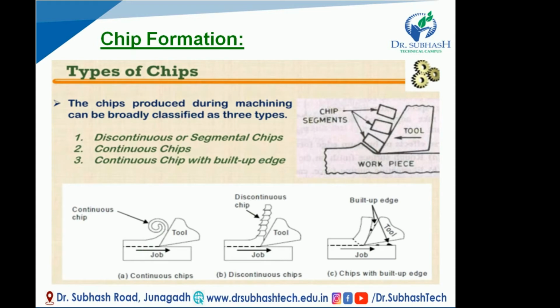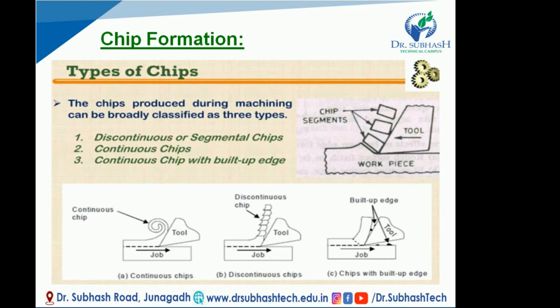Now the important topic is types of chips, chip formation. How many types of chips are there if we are removing some material or metal from the workpiece with different metal cutting operations? Which type of chip will be produced during each different operation and with different materials?